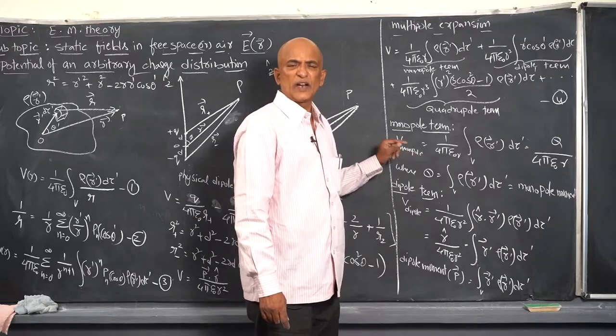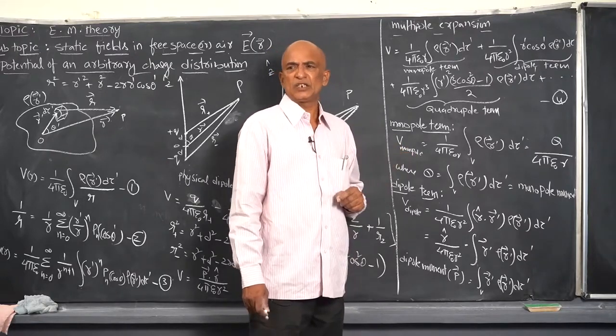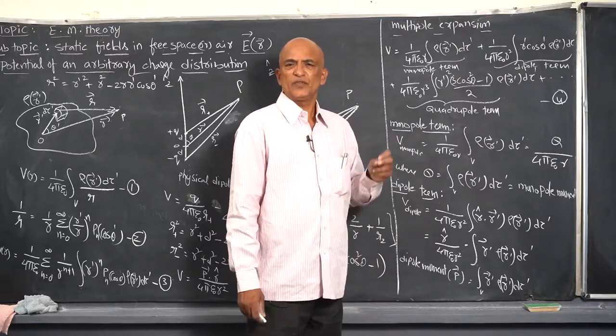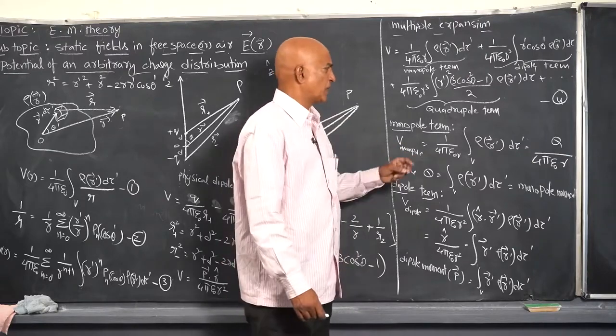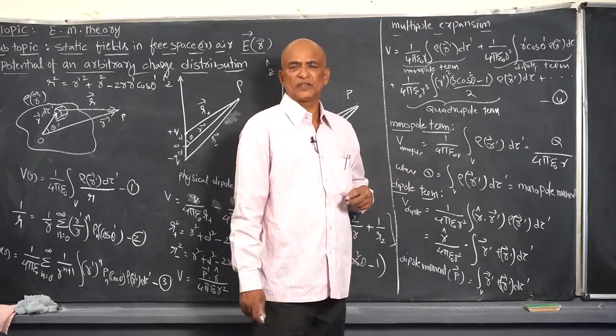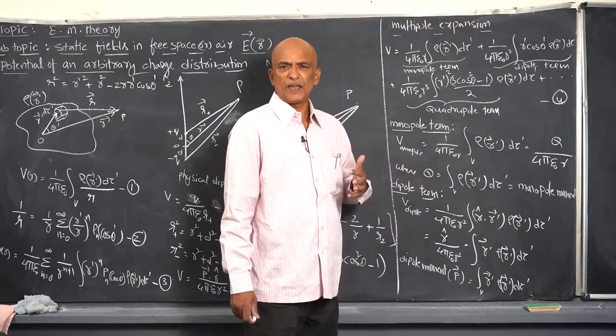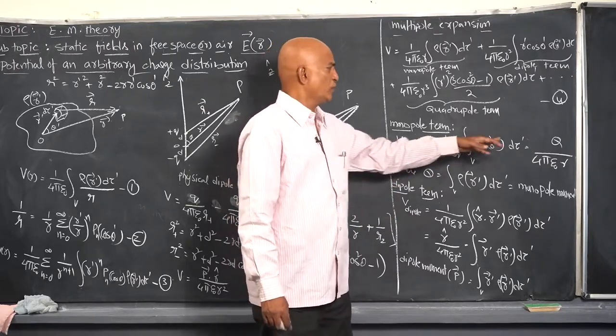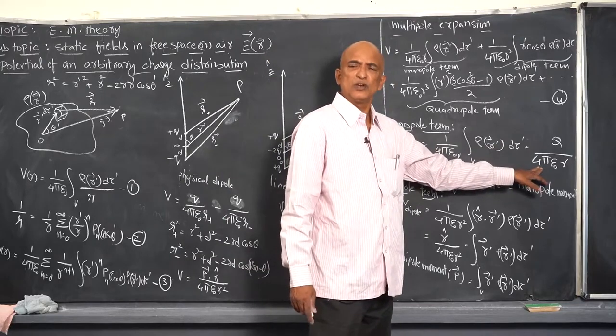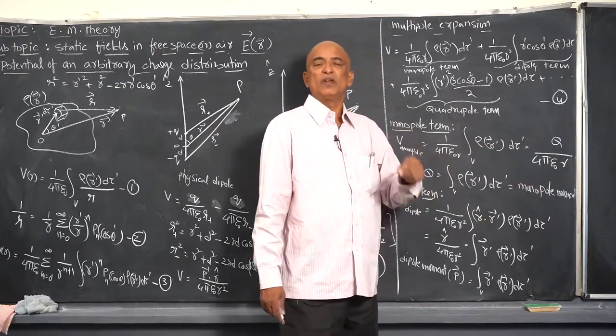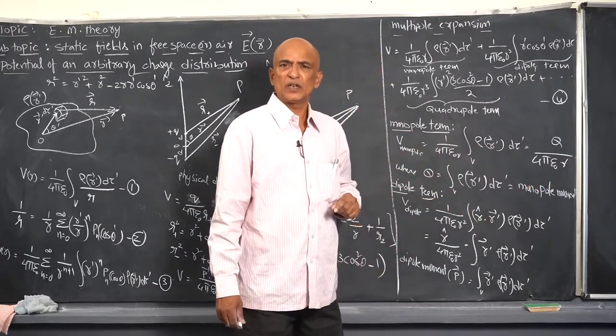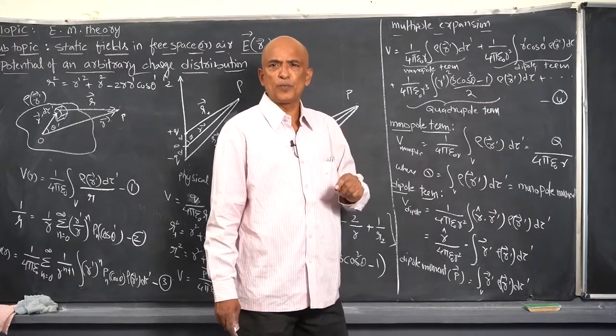Now, for example, if you take a point charge capital Q at the origin, then at a point P, q by 4 pi epsilon naught r gives the potential. When the point charge is at the origin, it acts like a pure monopole. Why?